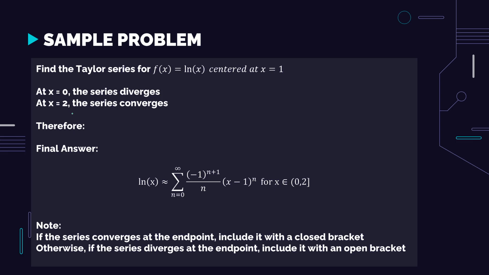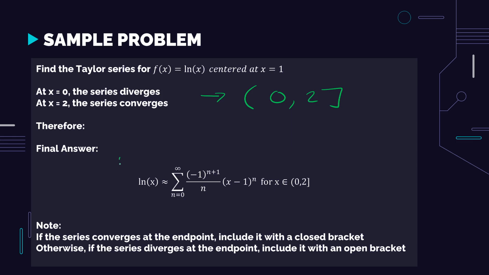At x equals 2, the series converges. From this information, we arrive at our full interval, which will be 0 up to 2, excluding 0 and including 2.